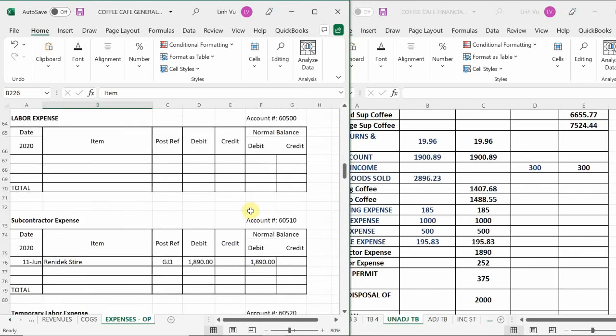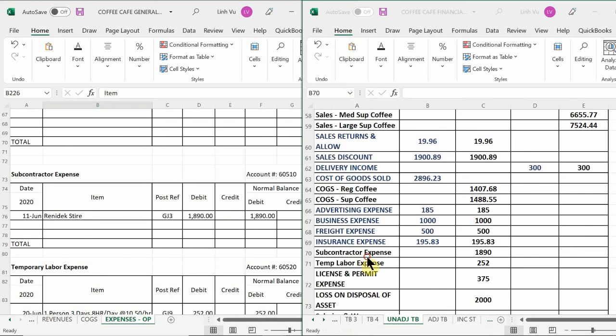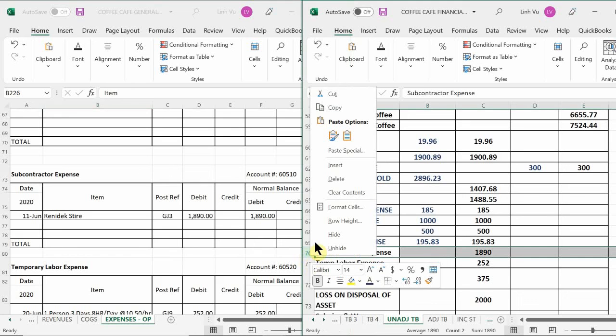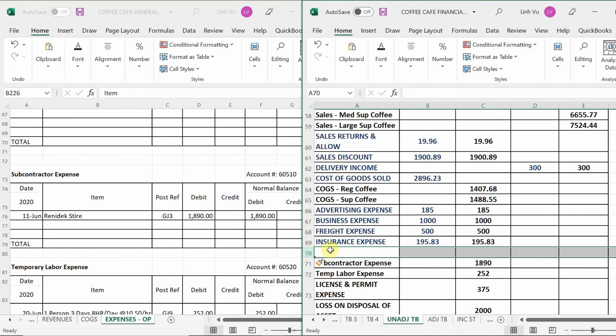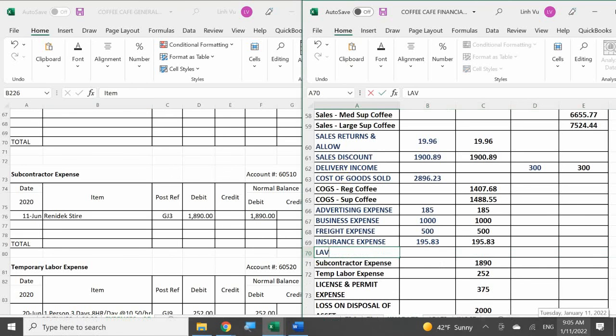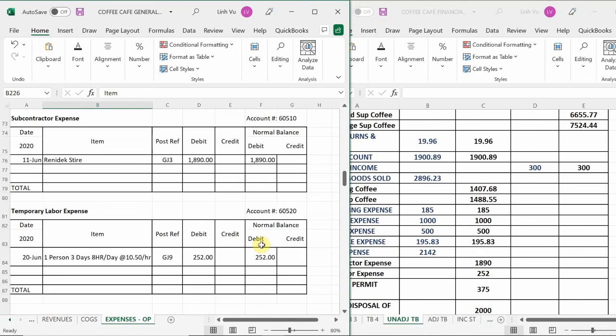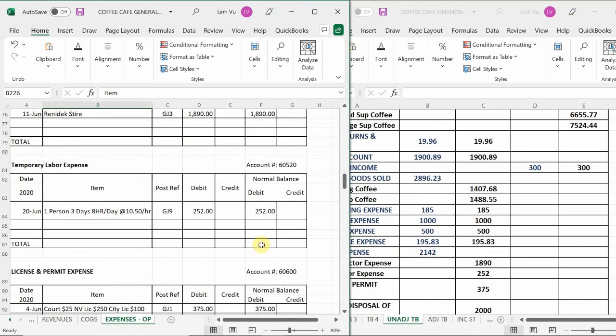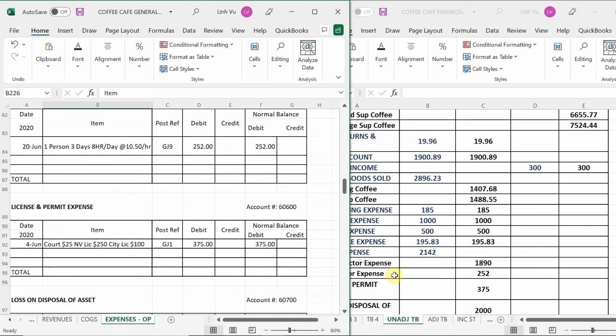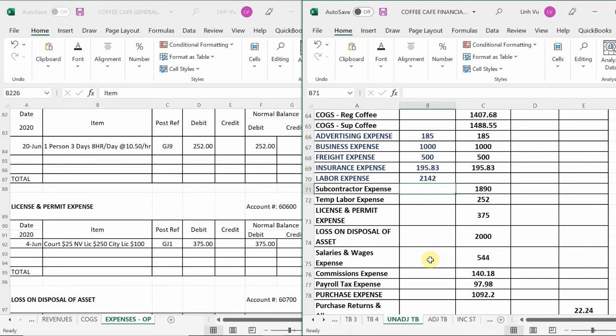Then we have labor expense, which consists of the subcontractor and the temporary work labor. So insert here, labor expense, which equals this plus this. Okay? So let's take a look. Subcontractors $1,890 plus $252 to give me a total of $2,142.